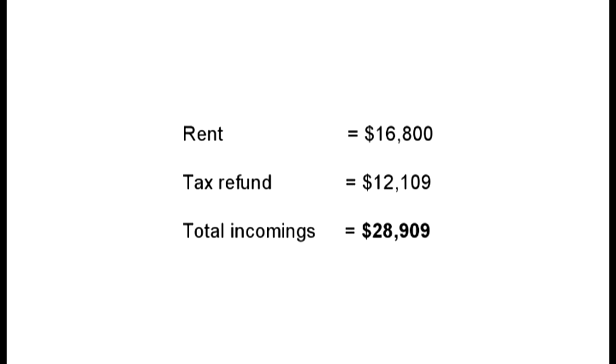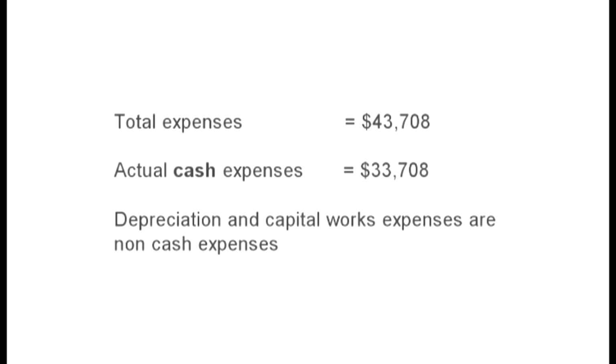If we look at it all a bit closer, so the rent was $16,800 and the tax refund was based on all tax deductible expenses, which was $12,109. This means the total incomings were $28,909. You may have noticed that the actual cash expenses is only $33,708.